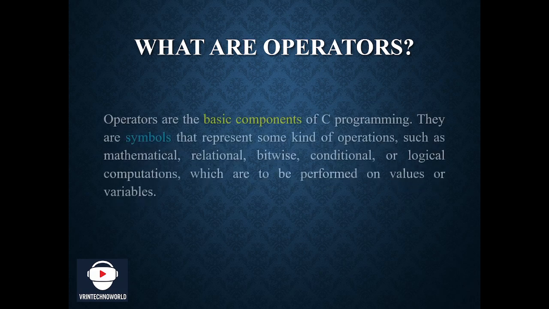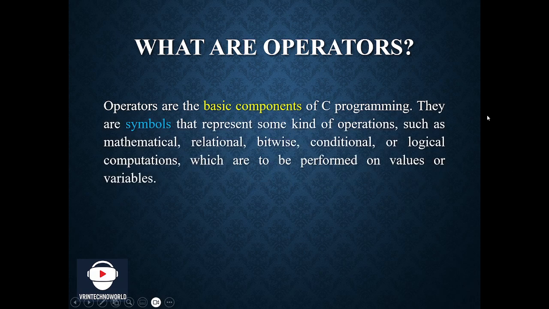We could say that these are the basic components of C programming, without which you can't work in C, because lots of problem statements are given in our real life, and to solve them we obviously need operators.